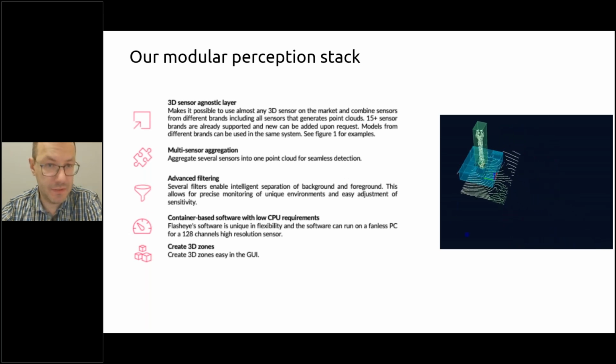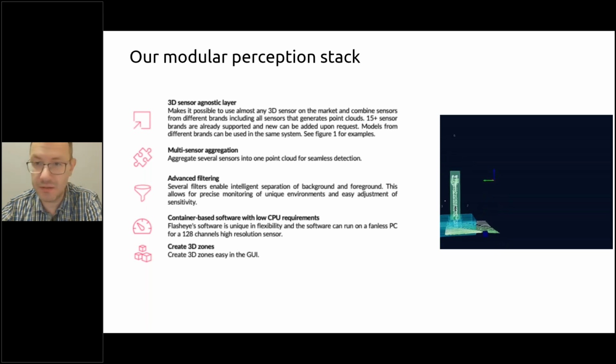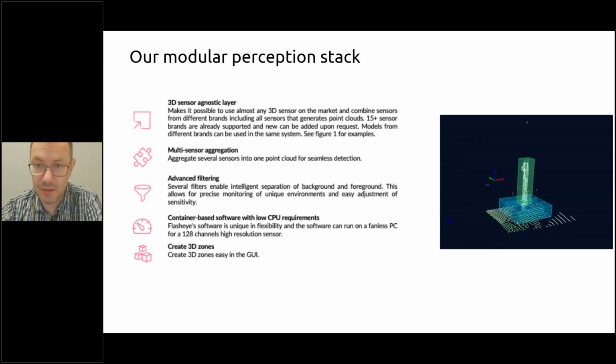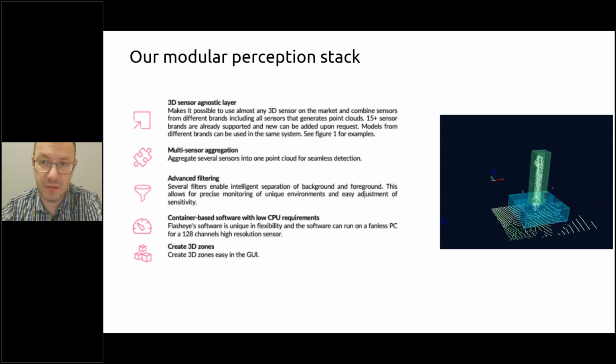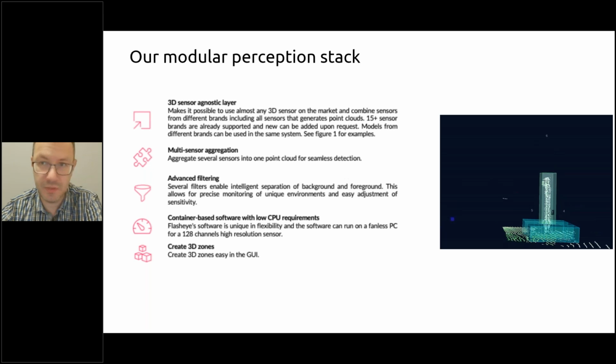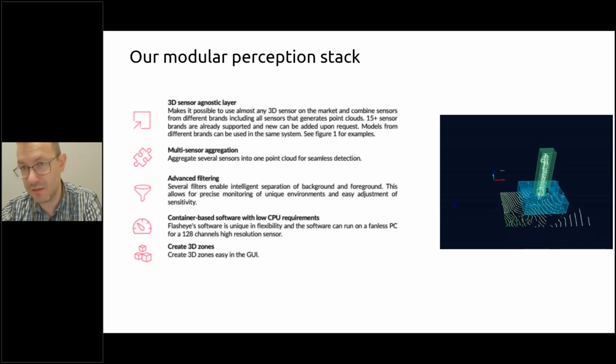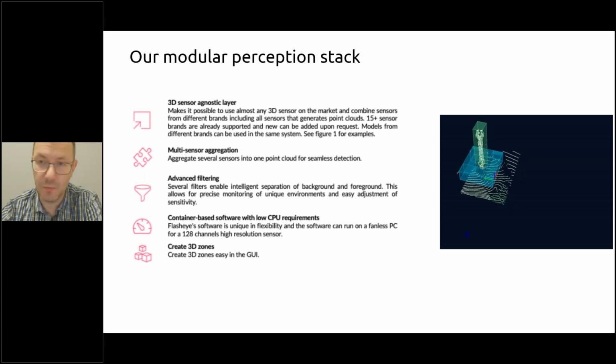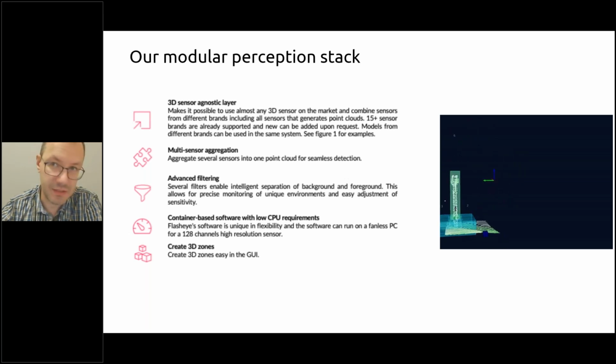Another feature is multi-sensor aggregation, where in our perception stack you can combine data from multiple lidars, from multiple models of the lidars, and even from multiple brands of the lidars.